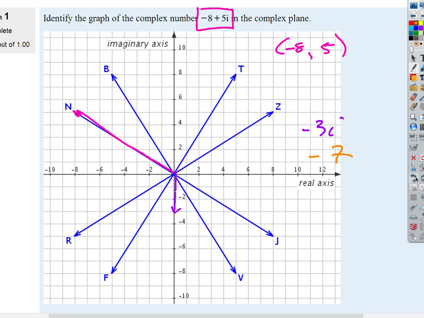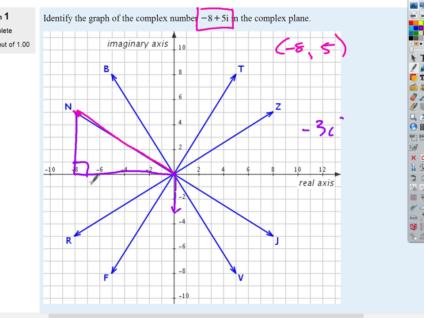Well, we could just turn this into a right triangle, right? And wouldn't the length of that vector, meaning the size of the complex number, always just be the hypotenuse of the right triangle we create? Yes.